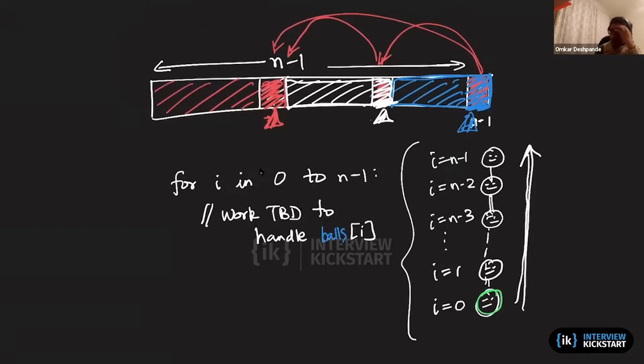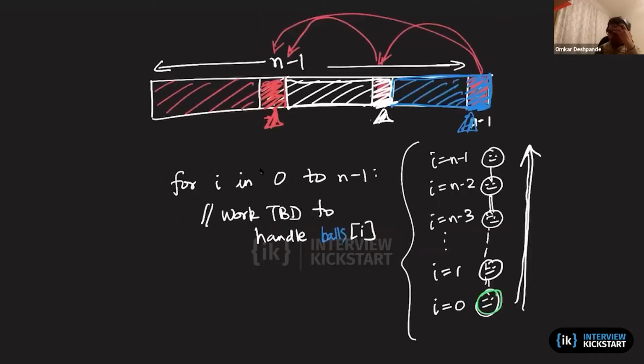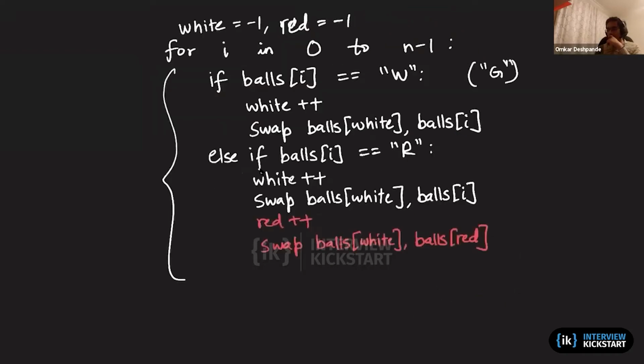I remember this problem came sometime in a sorting test or somewhere. So how do we solve it? There is another way of solving this problem: keep three indexes, start, end, and index, and keep moving the index. If we encounter R, then we swap it with the start and move the start forward, and keep on moving the index.